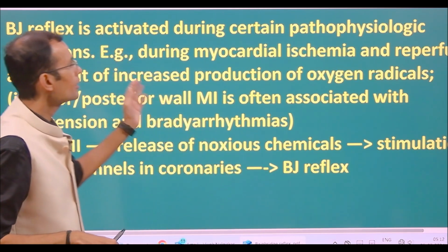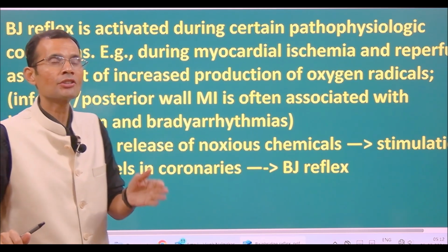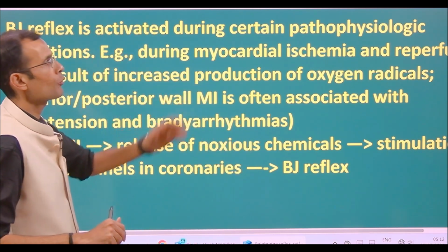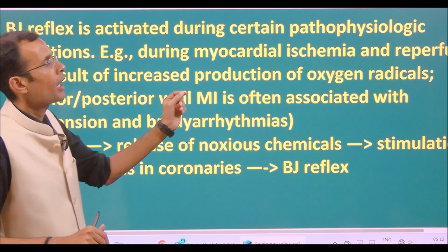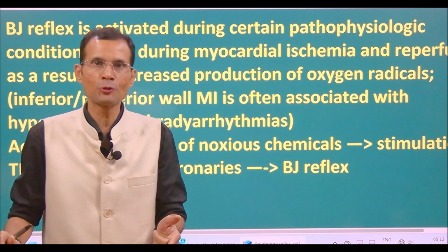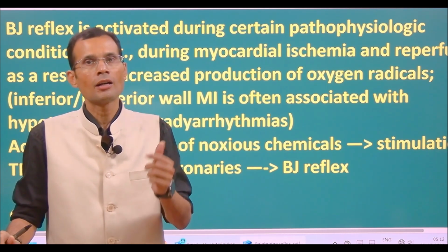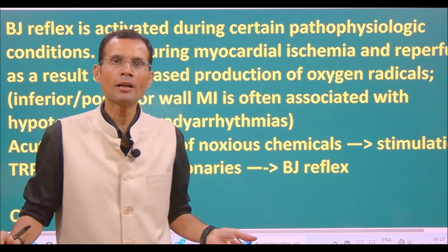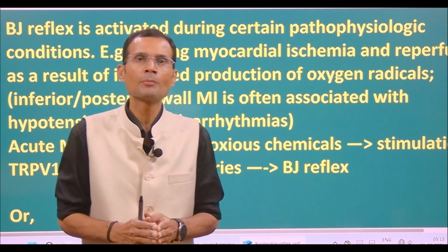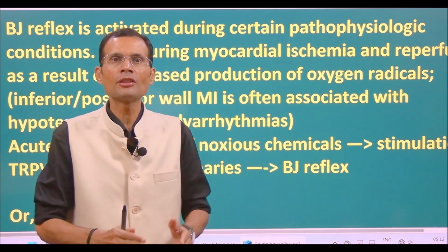That is when it is thought that Bezold-Jarisch reflex has been triggered in such posterior wall MI cases. Or after the ischemia, if there is reperfusion, then again hypotension, bradycardia, and it becomes difficult to treat such a patient. Why do we have to know about this reflex?